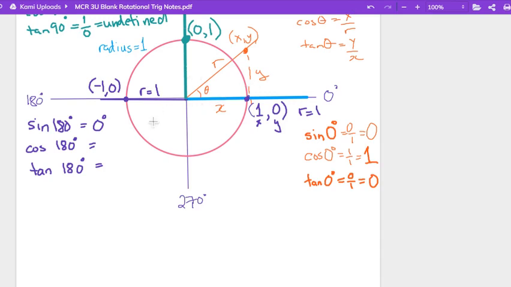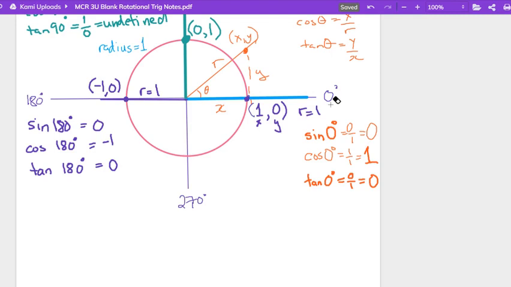Okay, so if I've got x over r, what is cos of 180? Negative. I've got -1 over +1. That gives me -1. Tan of 180 is going to be y over x, 0 over -1, 0. Oops, I made a mistake. I wrote 0 degrees. That's not true.